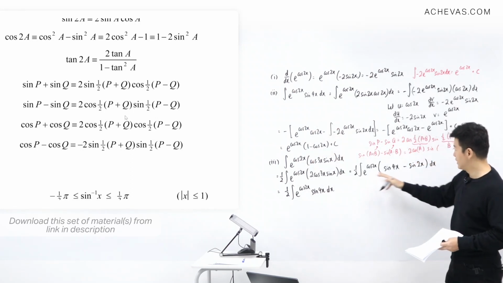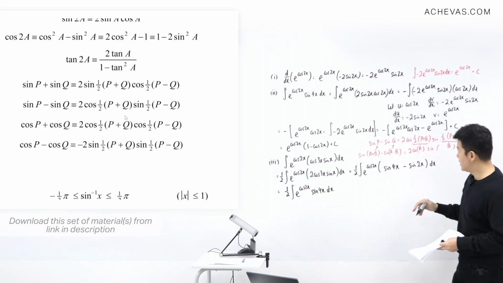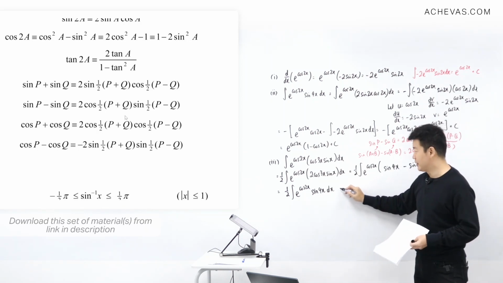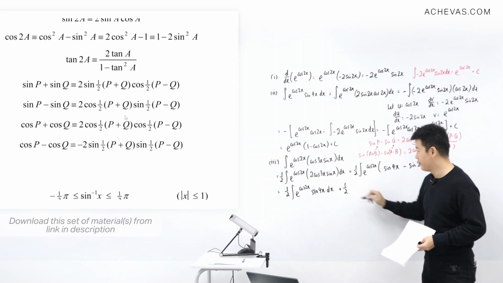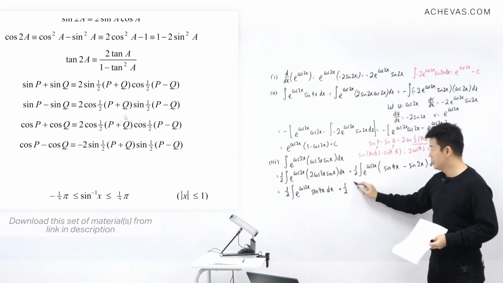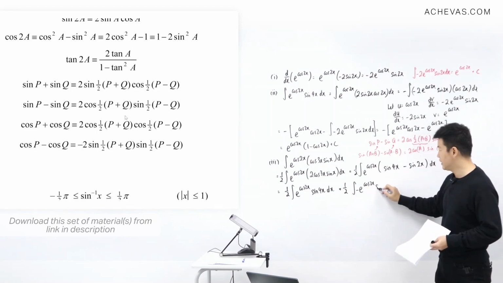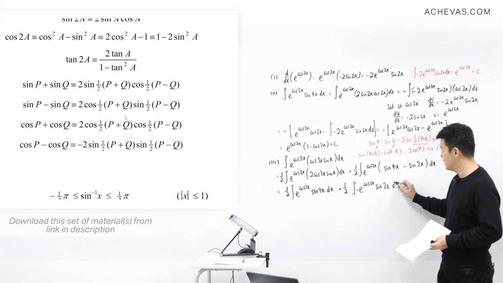Then after that, this times this is going to give me, let me just write it down first, but I'm going to modify it a little bit. So we are supposed to have a plus half, then the integration of e to the power of cosine 2x multiplied by negative sine 2x dx.